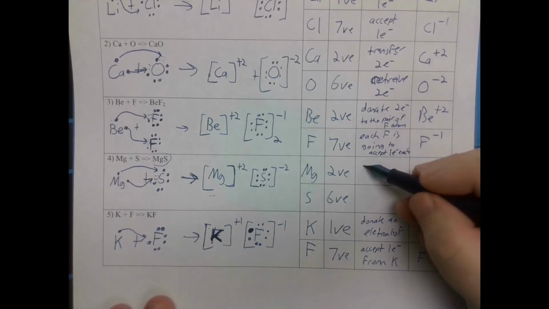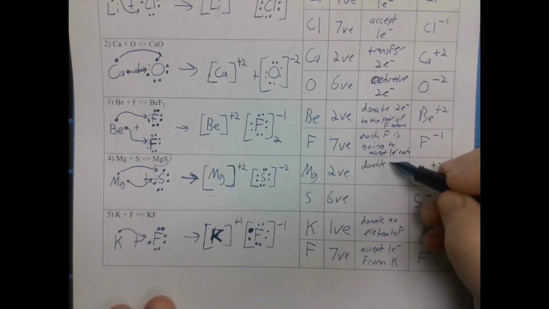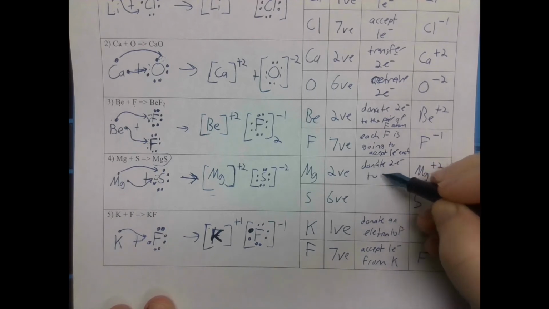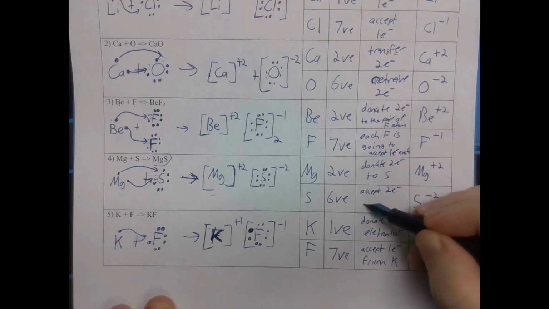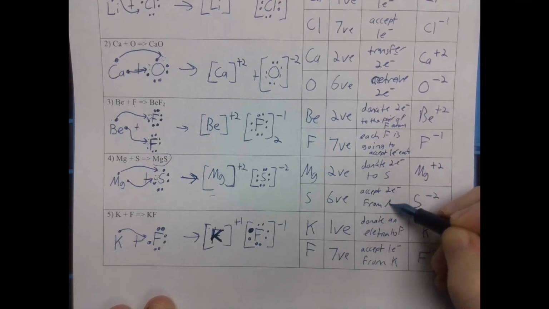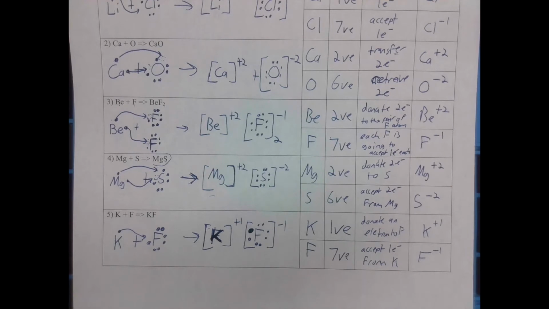And over here, it would be donate 2 electrons to sulfur. And this one's going to accept 2 electrons from magnesium. Everyone good?